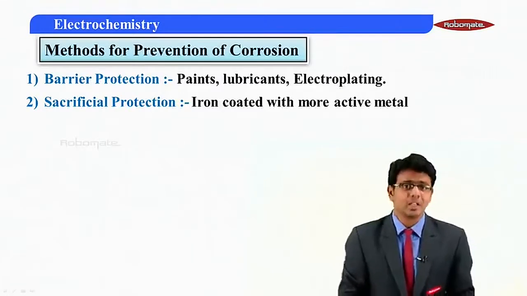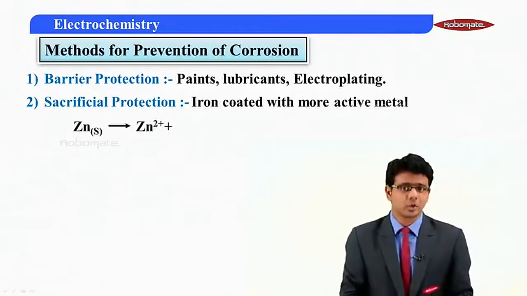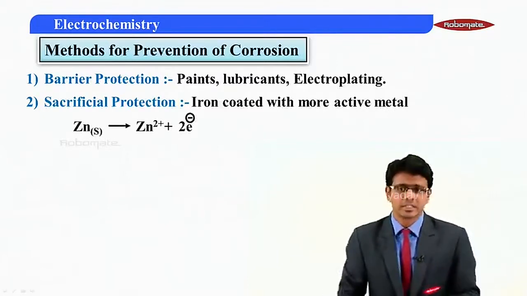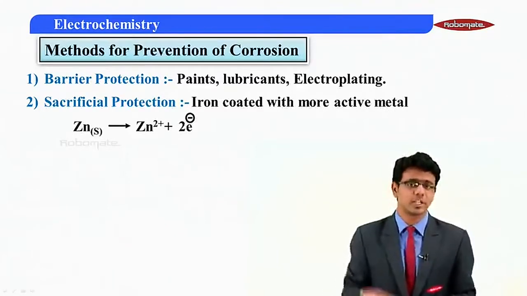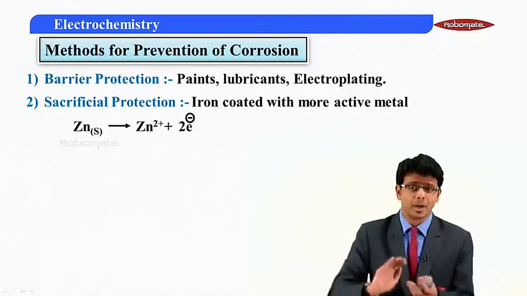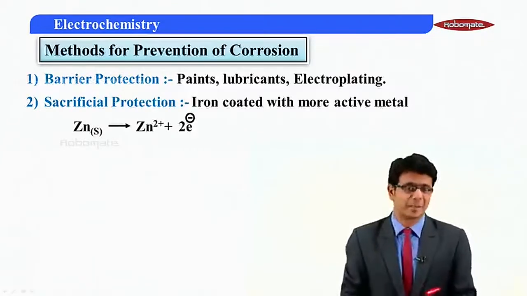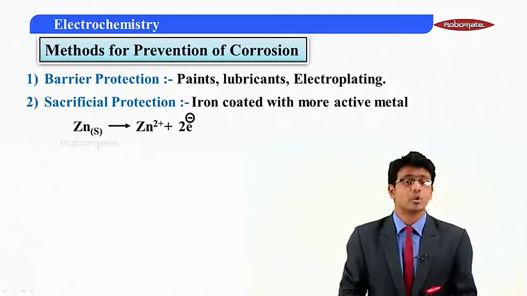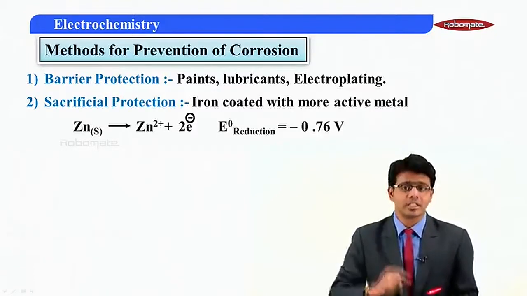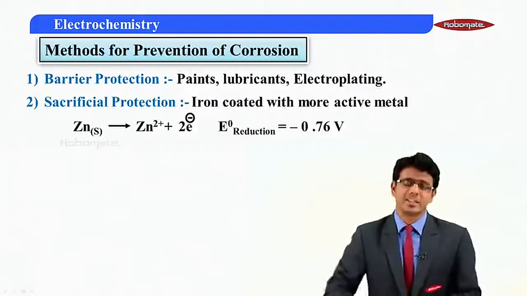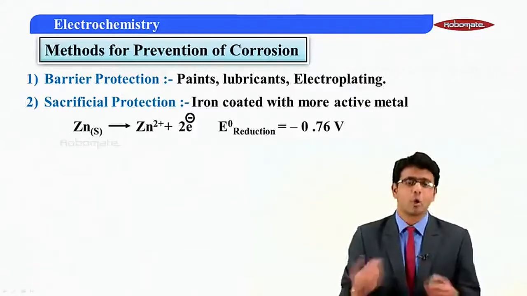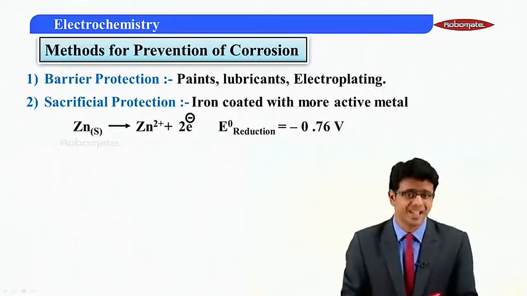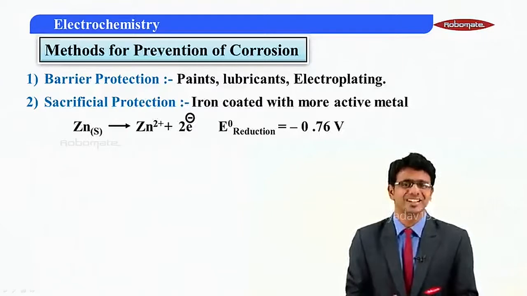For example, let us consider here the oxidation of zinc. So here zinc gets oxidized to Zn2+ plus 2 electrons. But if I write its opposite reaction, that becomes a reduction reaction. So E naught reduction for zinc is minus 0.76 volts. So obviously its oxidation potential will be plus 0.76 volts, right?